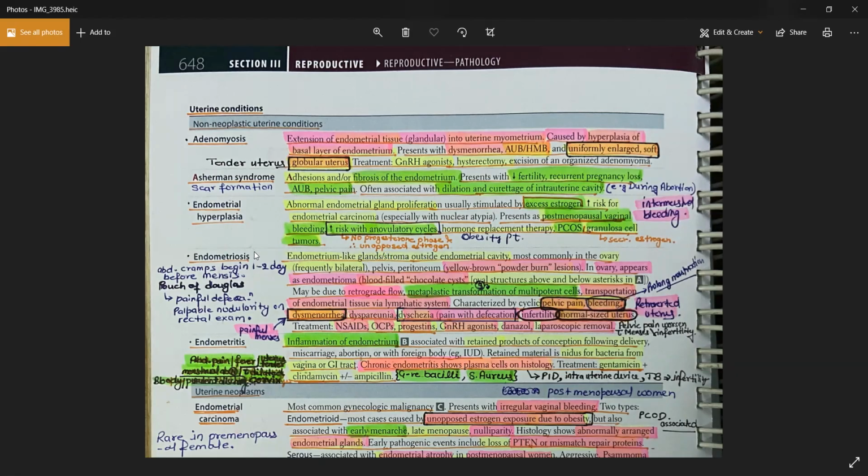Causes are multiple. First could be due to retrograde blood flow. At the time of menses, instead of this blood going from the uterus to the vagina and outside of the body, if the blood goes in the opposite direction, that means into the fallopian tube, then you can have the movement of these glands into the fallopian tube and then into the ovary.